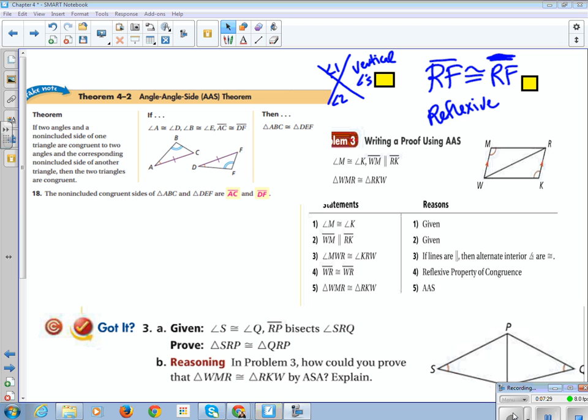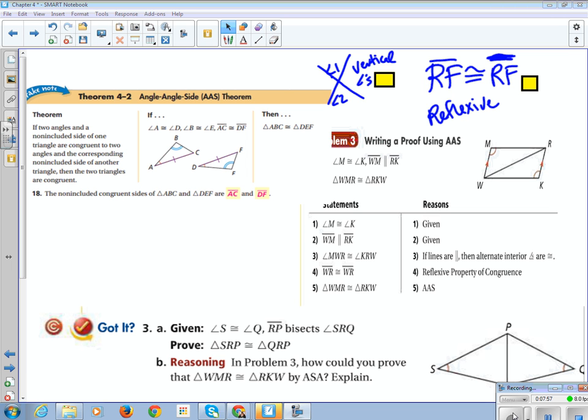Okay, so if you look at problem number 3, MWR and WKR, those triangles share a common side. So when that happens, we have our given information here. Angle M is congruent to angle K. WM is parallel to RK.